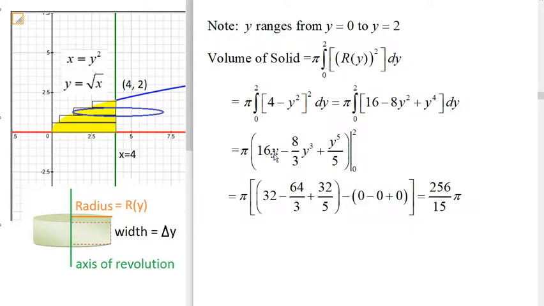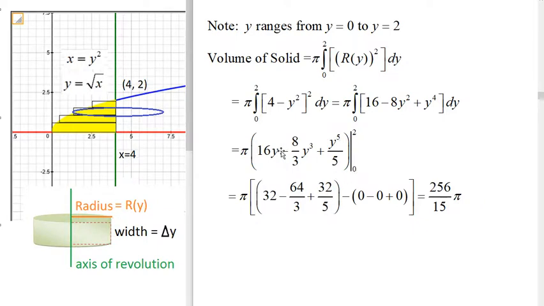So we put a 2 here, we get 16 times 2, which is 32. And we put a 2 here, 2 to the 3rd is 8, and then 8/3 times 8 is 64/3. And then put the 2 here, we get 2 to the 5th, which is 32, 32 divided by 5.